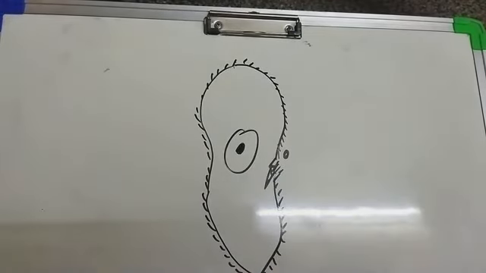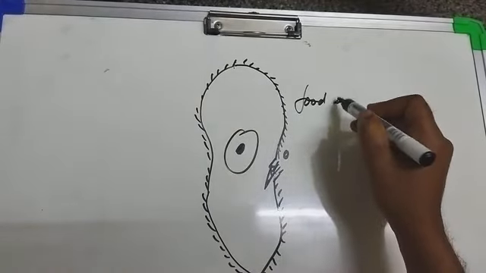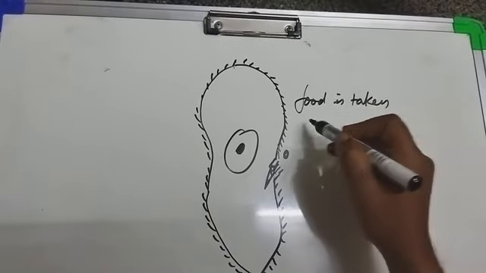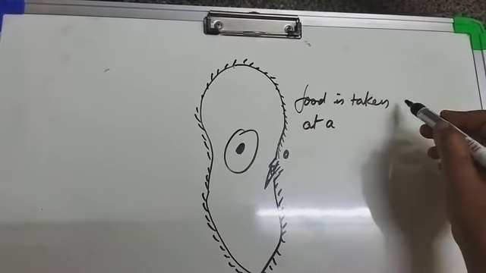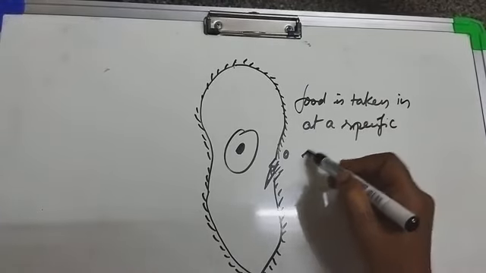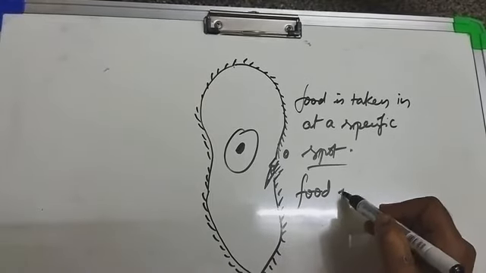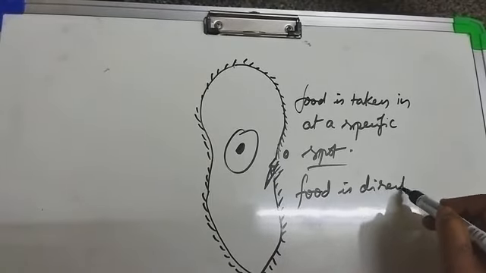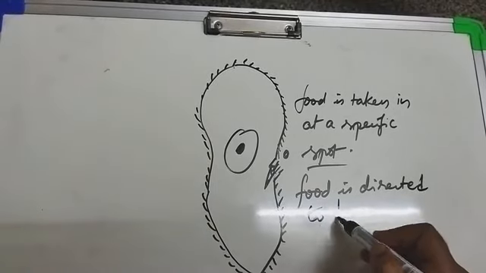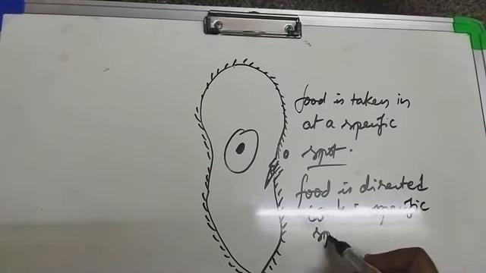Right? So paramecium has a definite shape. So food is taken in at a specific spot, and food is directed to this specific spot with the help of what?